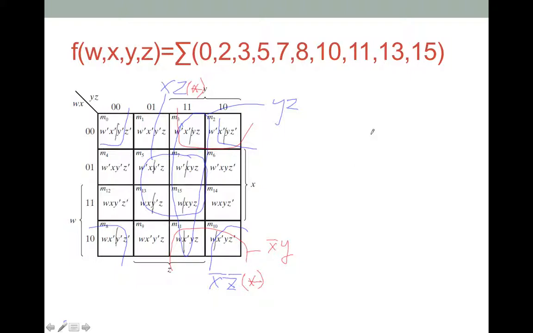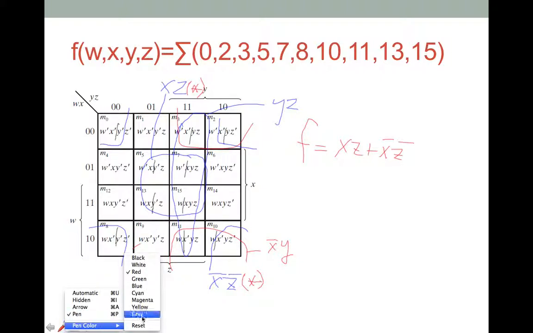Once we have that, the next step is to derive the simplified equation. So the procedure is that first we include all essential prime implicants. So we have xz and then x naught z naught. That's all the essential prime implicants.